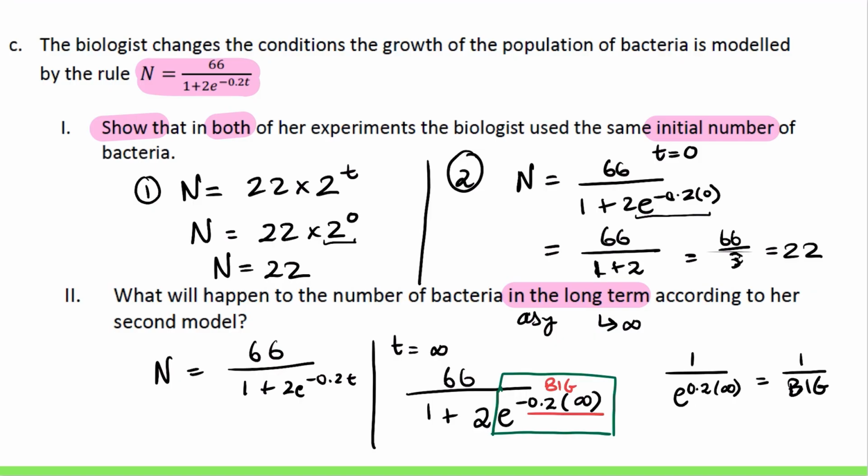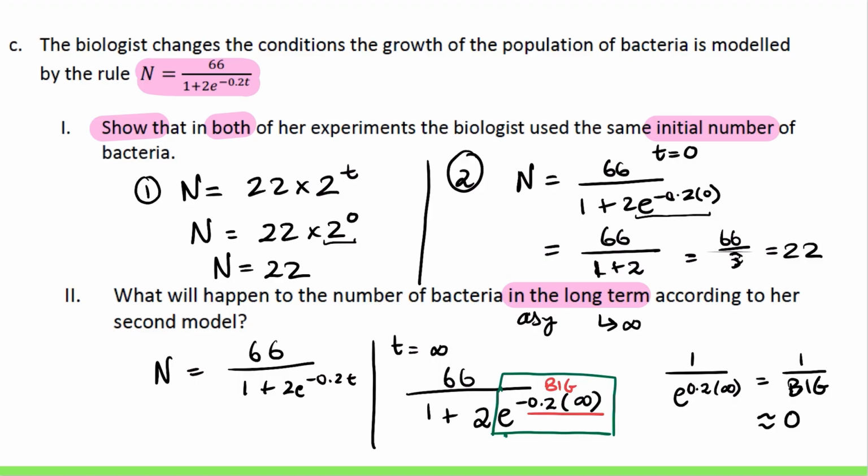Now you can try this on your calculator if you like. Go 1 divided by, and then write as many 9s as you can. The result will actually be 0. Now, it's never going to be actually 0, but it'll be very, very close to it. So whenever you do 1 divided by a massive number, you end up approaching 0. And that's exactly what that section of the equation is giving there.